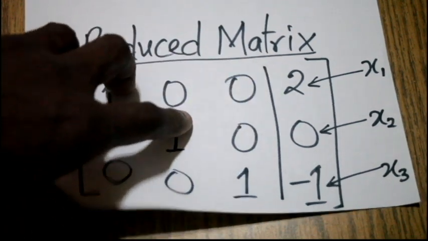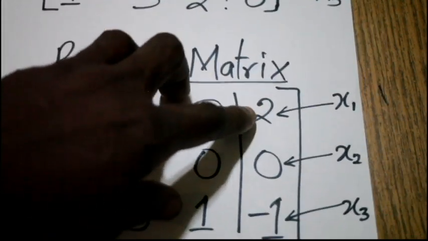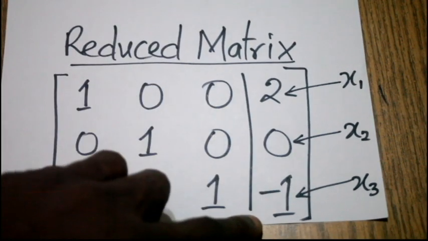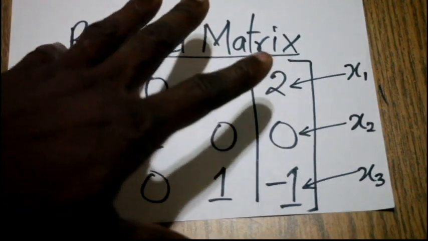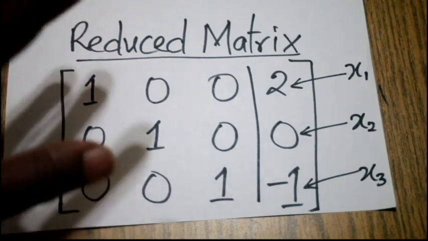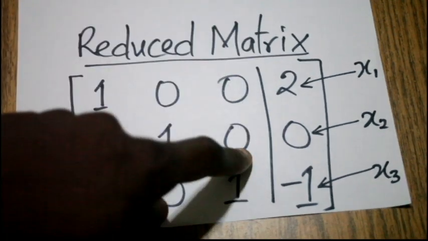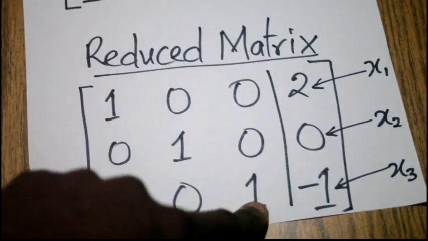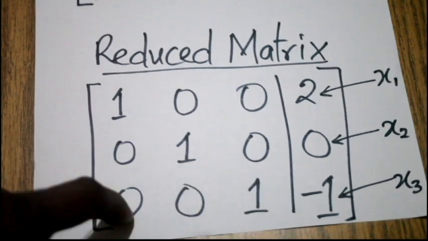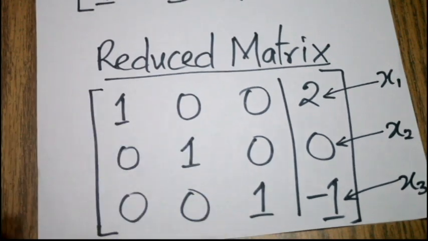Then our final answer for x1, x2, x3 is going to be 2, 0, and minus 1, just for this question. So at the end, you're going to have 1 written all through diagonally, and 0 at these other points here. That shows that you have reduced the matrix into what is expected of you.